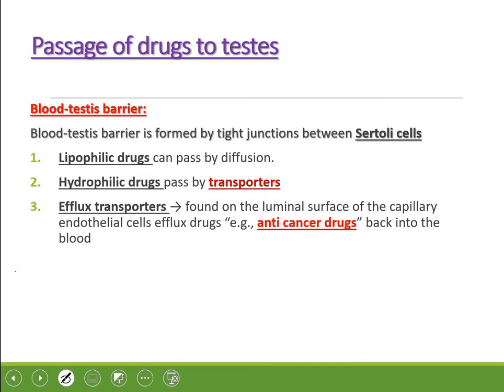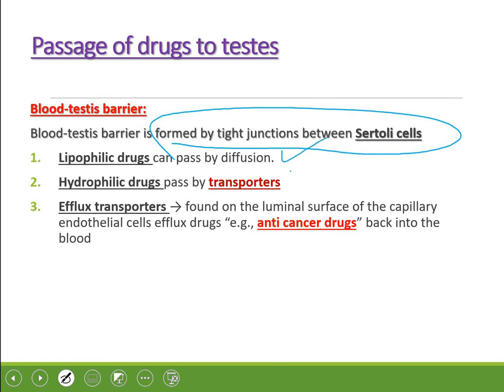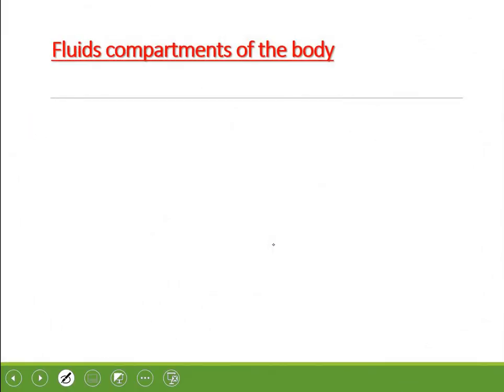The blood-testes barrier is formed by tight junctions between the Sertoli cells, and lipophilic drugs can pass very easily by diffusion, while hydrophilic drugs need special transporters. Efflux transporters are also there, and certain drugs are easily effluxed out. So you should keep in mind this point as well.